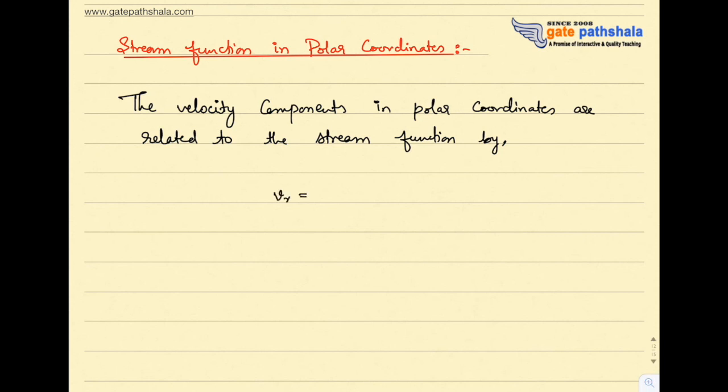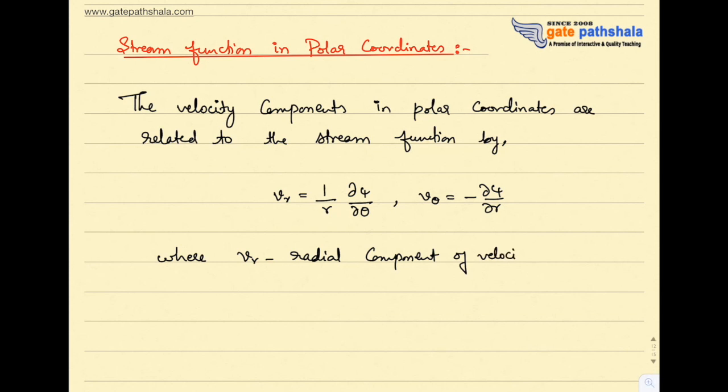Vr is equals to 1 by r dou psi by dou theta, and V theta is minus dou psi by dou r, where Vr is the radial component of velocity and V theta is the tangential component of velocity.